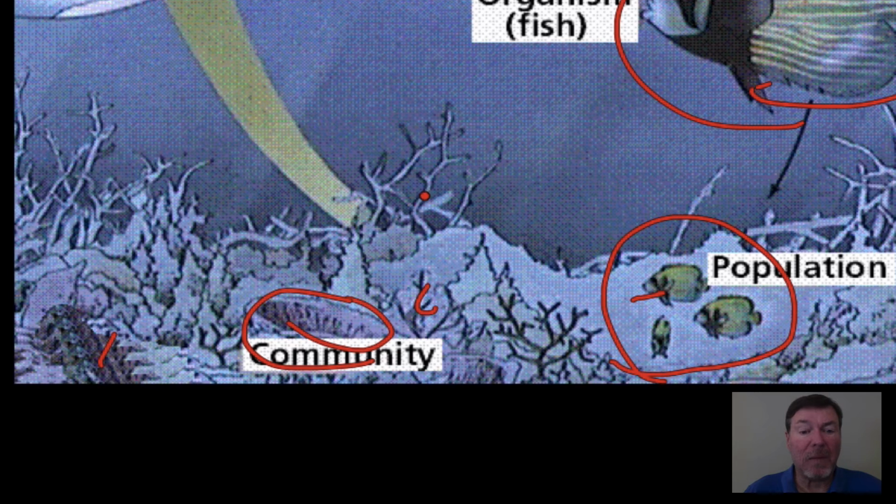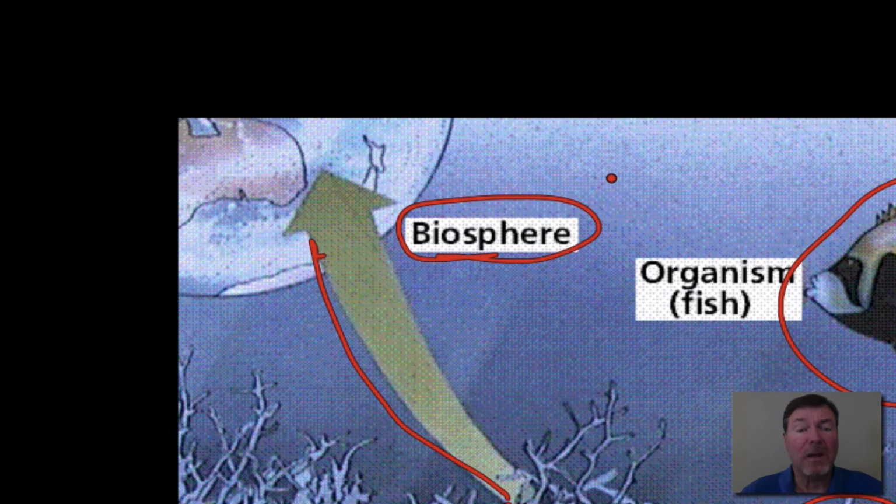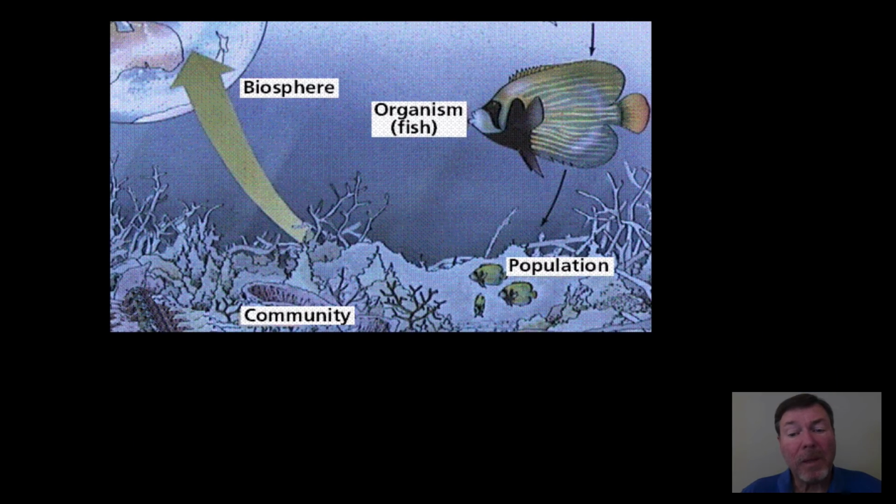All right, and a bunch of different communities makes up the biosphere, which is pretty much the entire planet. So you have the ocean community, the reef community, forest community, desert community, et cetera, et cetera. But the bottom line is that they're different levels.